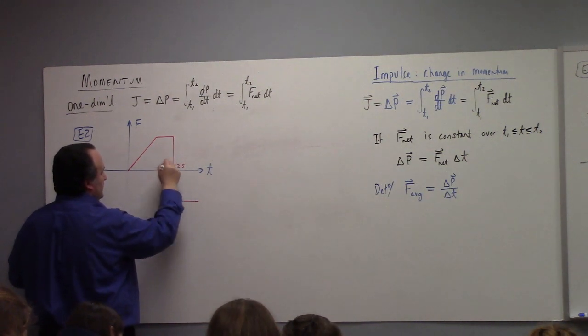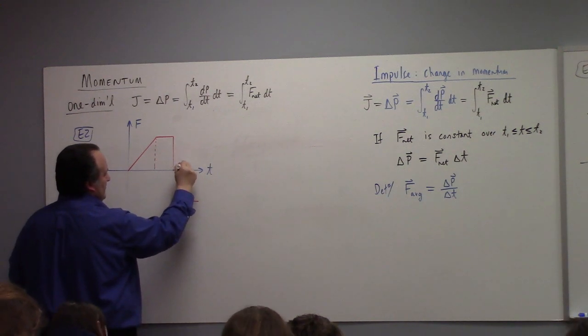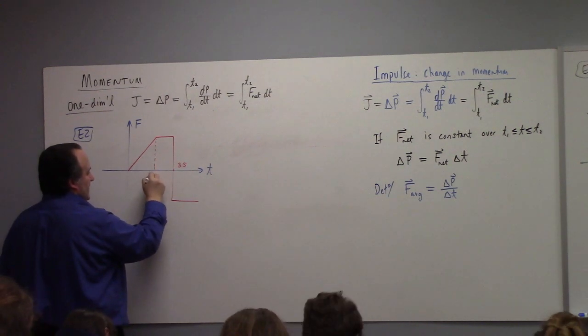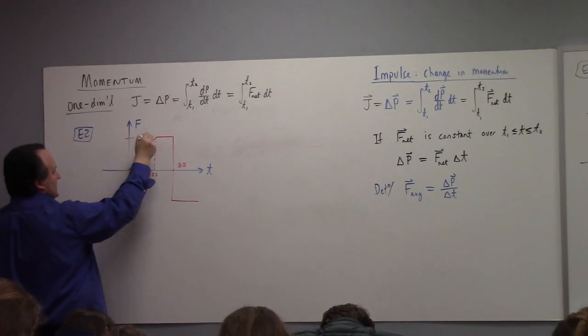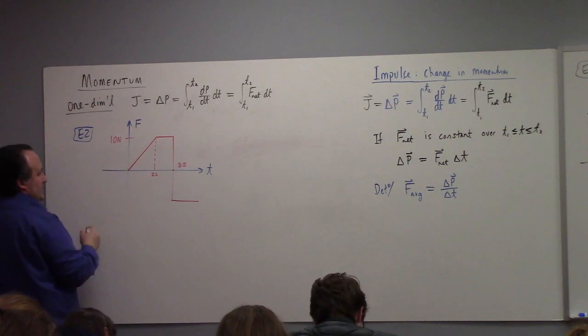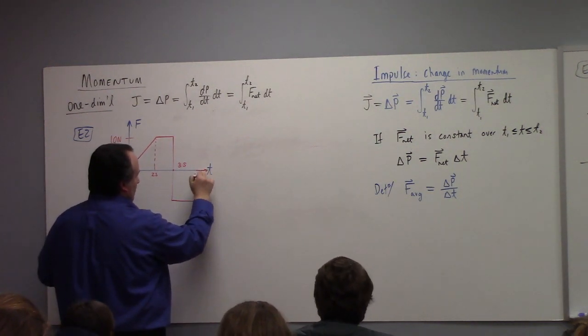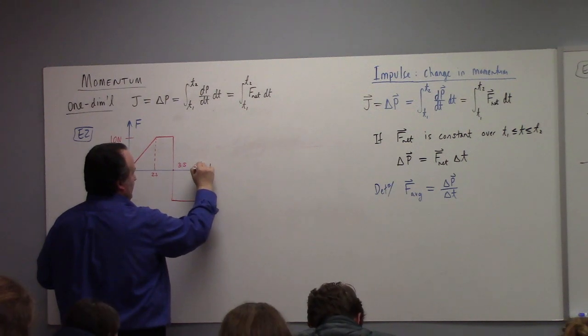Suppose that's 2 seconds. Make that 3 seconds, actually. We'll make this over here 2 seconds. I'm going to make the level it gets to, say, 10 newtons for the sake of discussion. And we'll make this over here 4 seconds, all right?